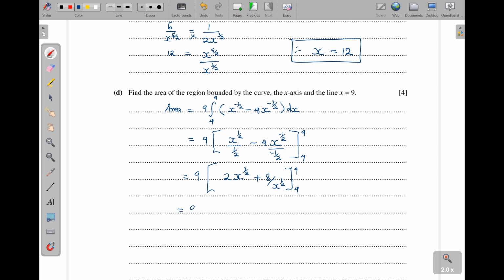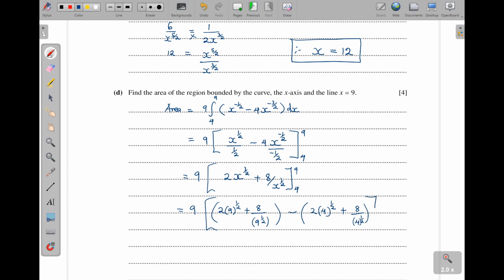Now putting the limits, we shall have put a 9, so 2 into 9 power half, then plus 8 over 9 power half. Then to go to the lower limit, I will subtract, shall have 2, and then 4 to the power of a half, then plus 8 out of 4 to the power of a half here.